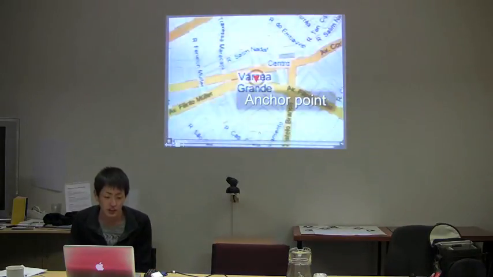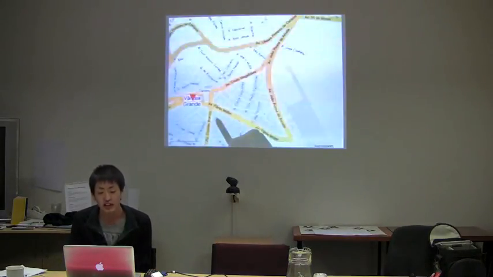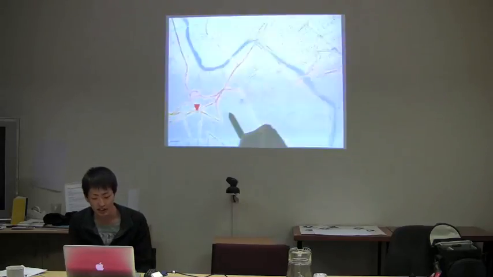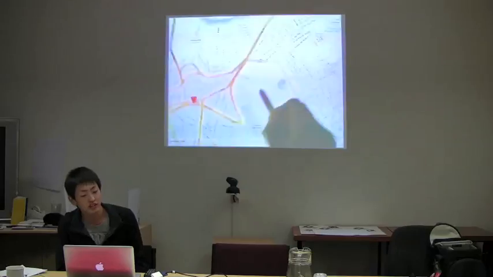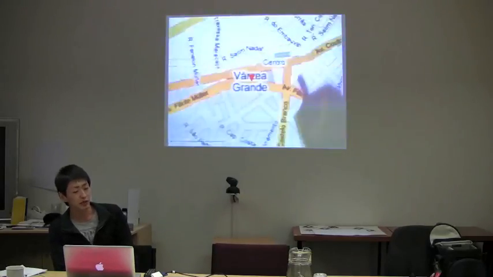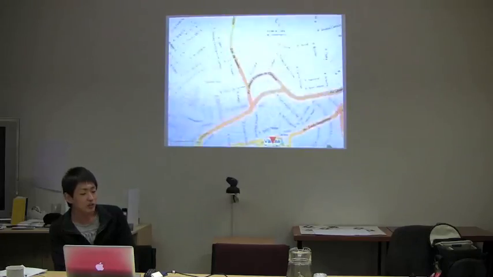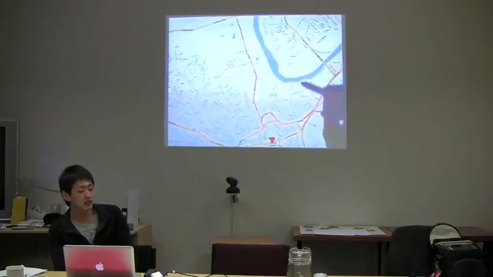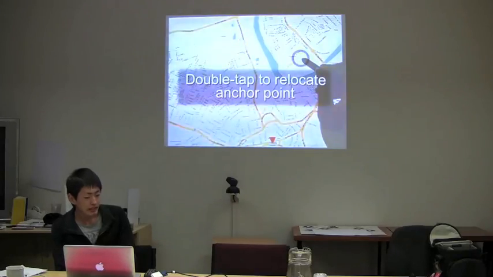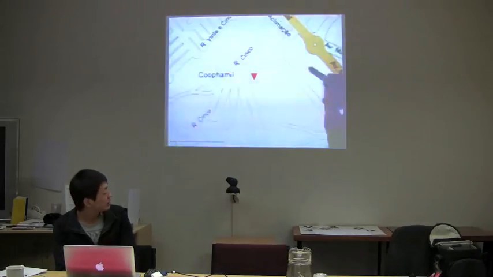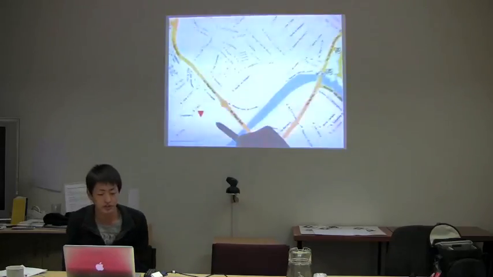In this technique, users can put an anchor point like this, and the anchor point always remains in the viewport by automatically coupling zooming with panning and double tapping to replace the anchor point.